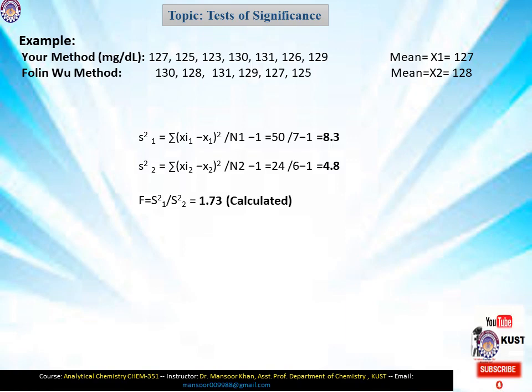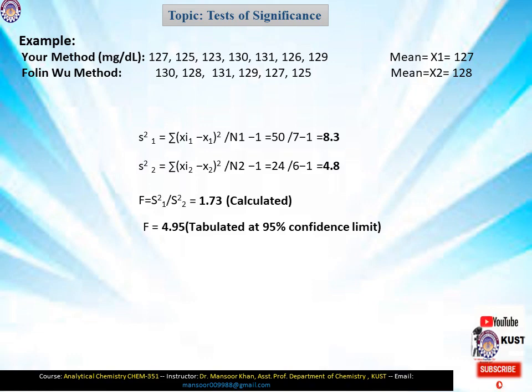Now we can apply it. First we will calculate the variance of your method. The value of the variance is 8.3. The variance of the second method, the Folin-Wu method, is equal to 4.8.